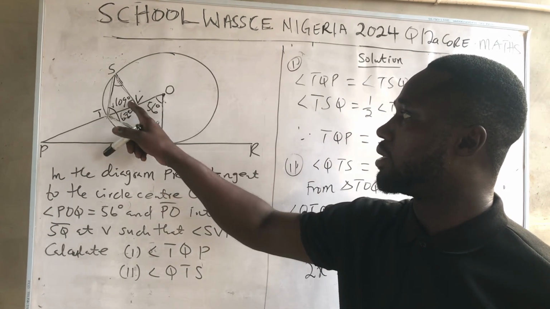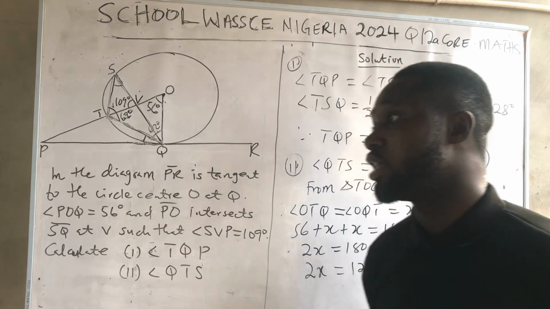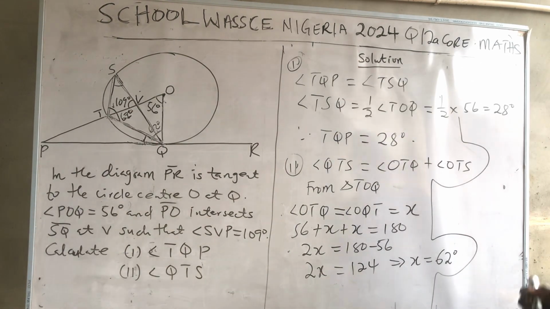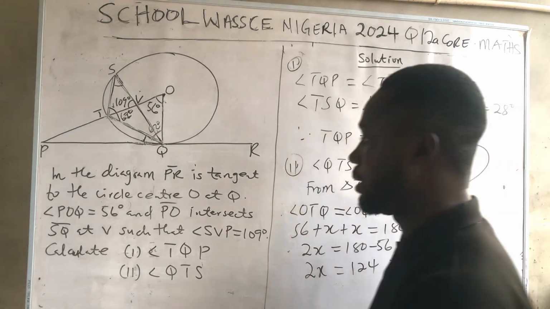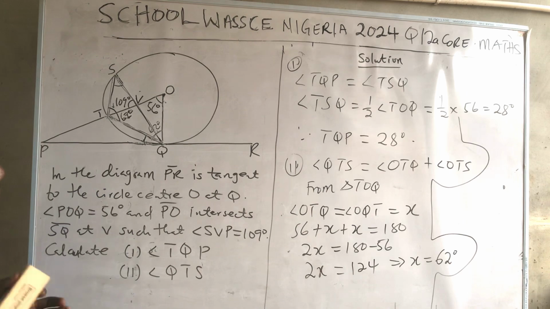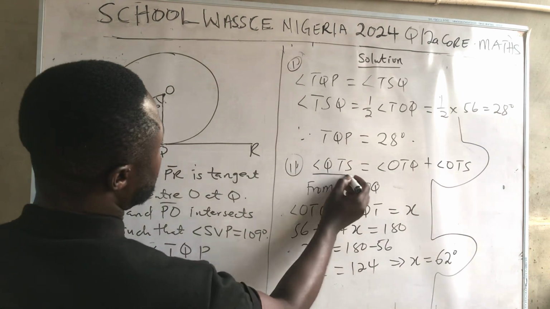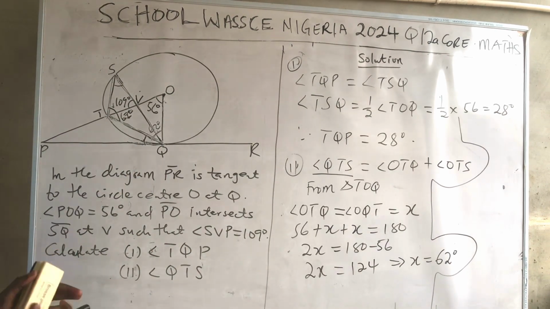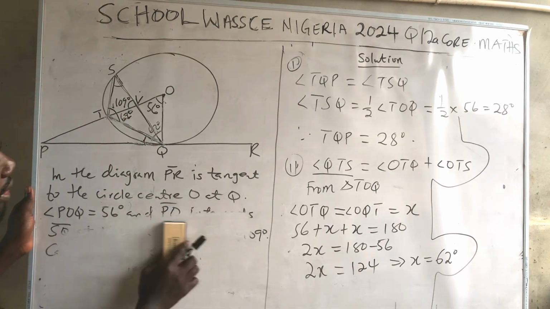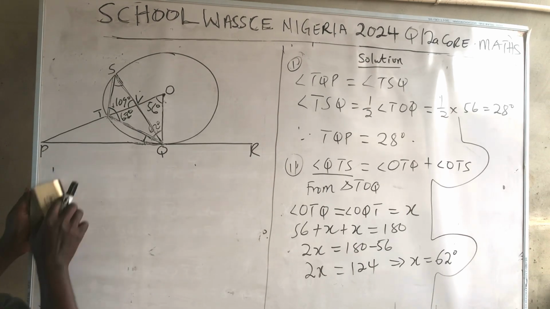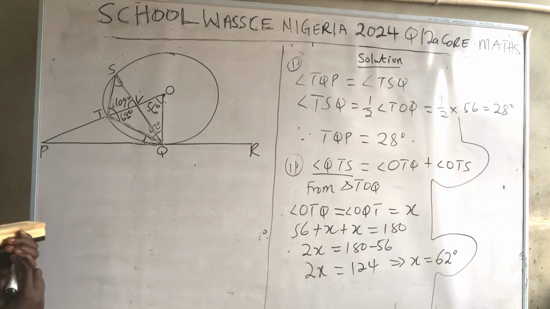So this angle plus this angle plus this angle will give us 180. Already we know what we are calculating for. We are calculating for QTS. So let's clear this side so that we can do the B part here.